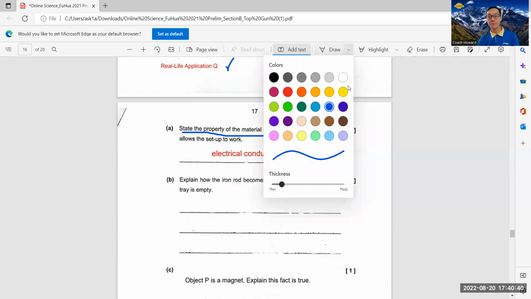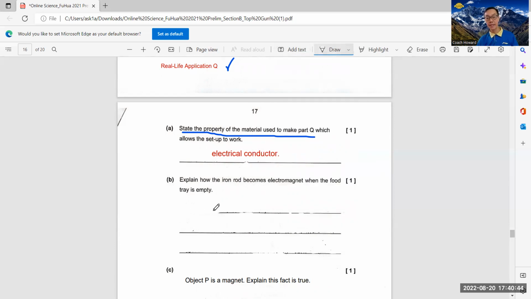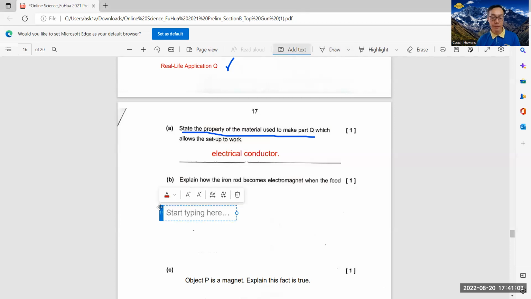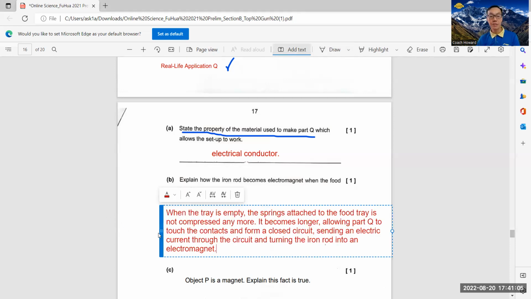So this one you have to explain, which I just told you. When the food tray is empty, the spring springs back and then causes part Q to form a closed circuit, allowing electricity to flow through, magnetizing the iron. Okay, so this is how you should say it.